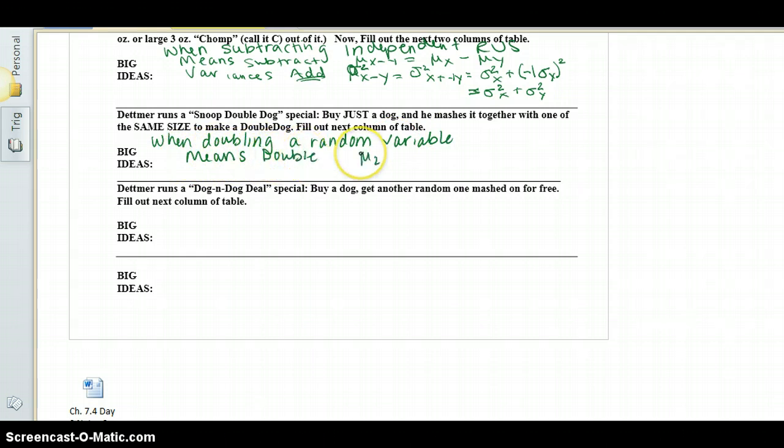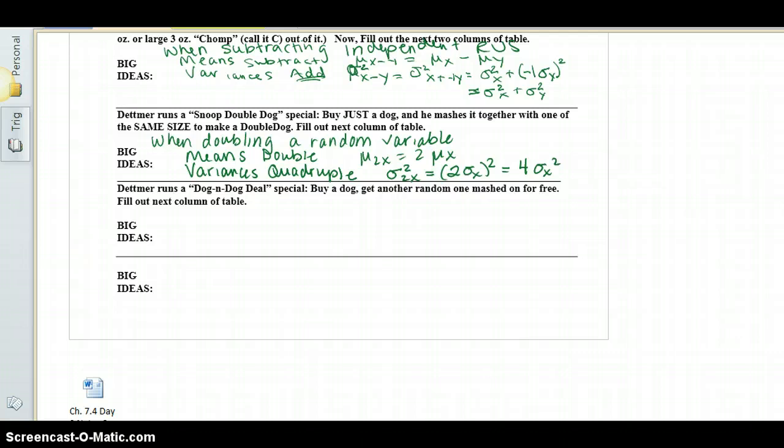The mean of 2x is equal to 2 times the mean of x. But variances quadruple. And this is just a linear function like you did a minute ago. So you would have 2 times the standard deviation of x squared. So that ends up giving you 4 times the variance of x.